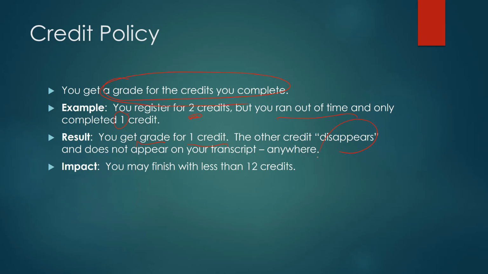Let me say that again: if you register for 2 credits but only complete 1 credit of work, you will get a grade for 1 credit. This is clearly spelled out on your course syllabus. The other credit won't appear as a 0, and you won't be able to get an incomplete. It will just not appear anywhere.